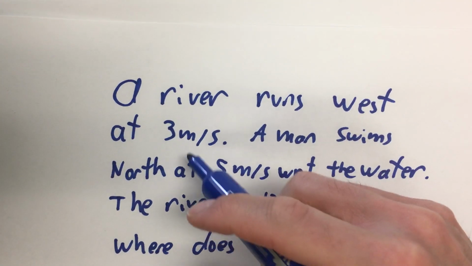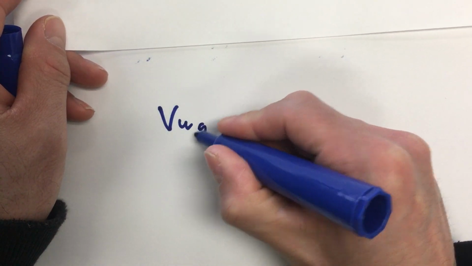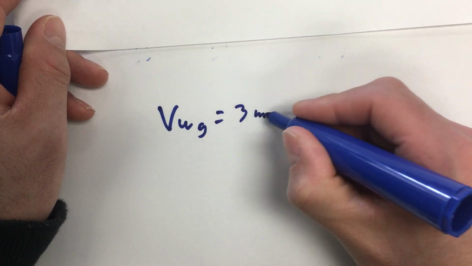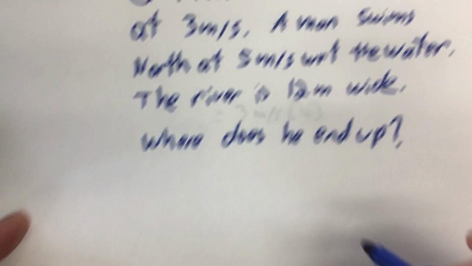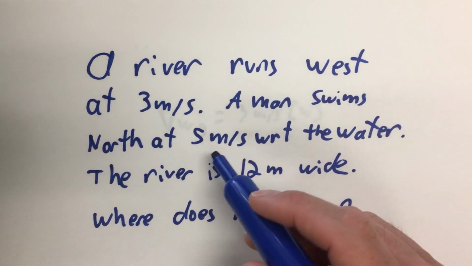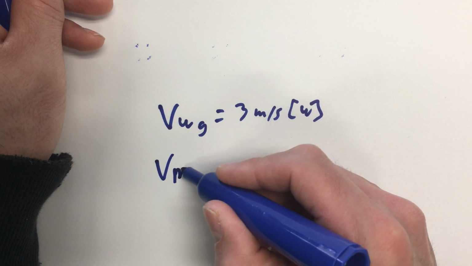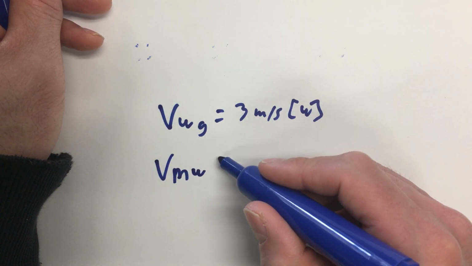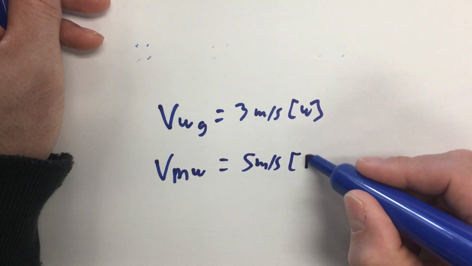So the river is running west at 3 meters per second. So the velocity of the water with respect to the ground is 3 meters per second west. The man swims north at 5 meters per second. So the velocity of the man with respect to the water is 5 meters per second north.